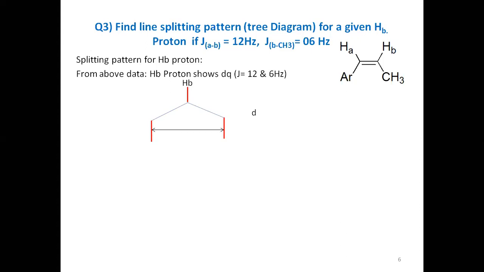So each doublet line is going to split into 4 lines, each as a quartet. So the total is eight lines, because you are making a tree with branching. Is there 8 lines in this tree diagram? Yes, 8 lines.